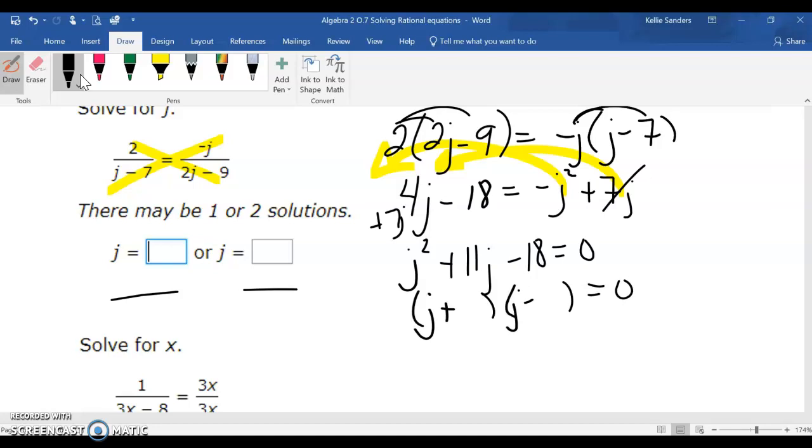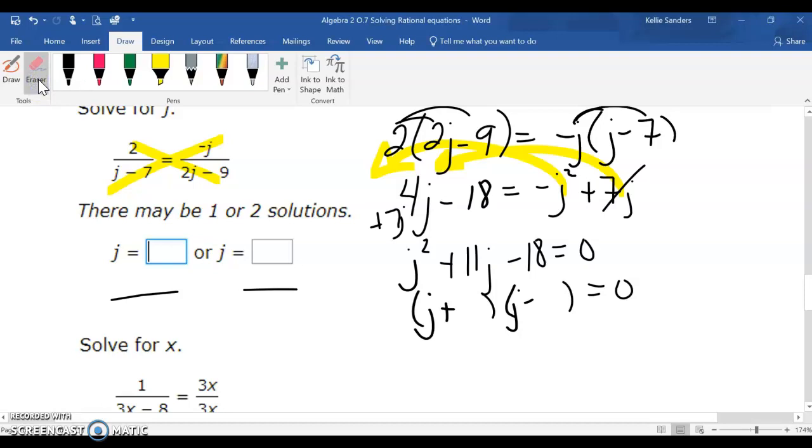Multiply to get negative 18, subtract to get 11. Okay, something's wrong with my signs. See, I still make mistakes also.